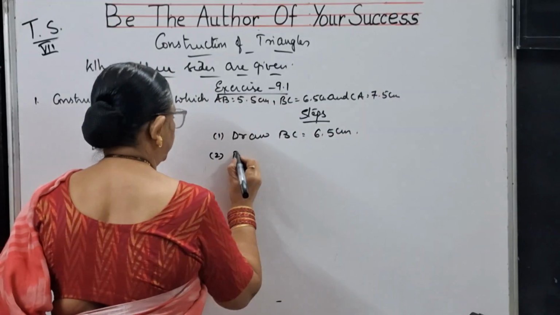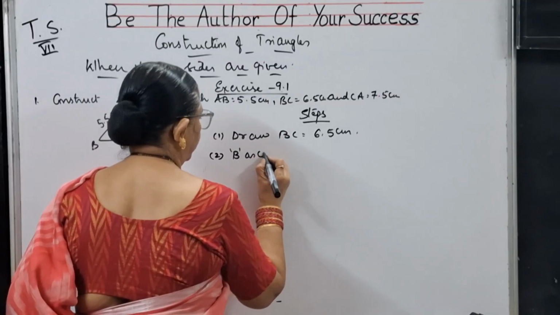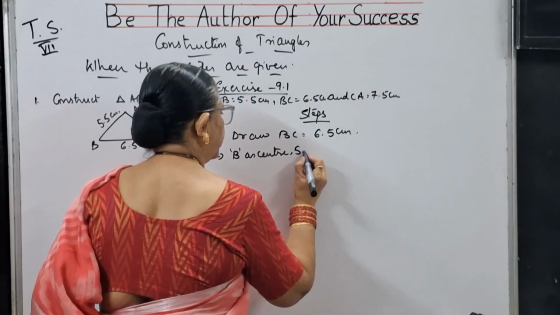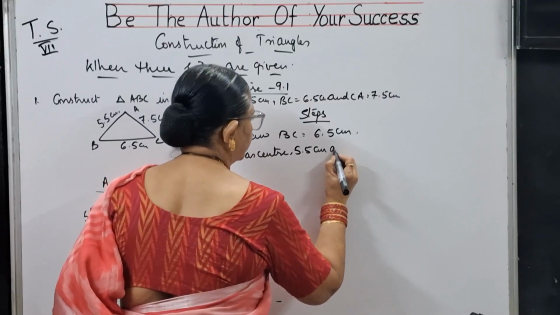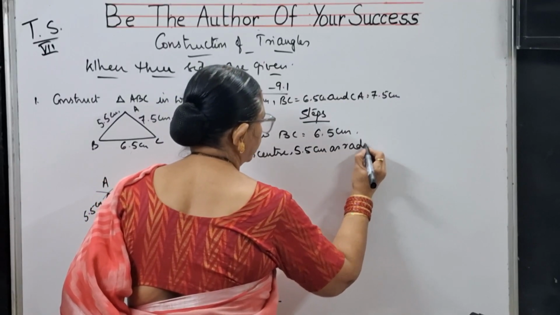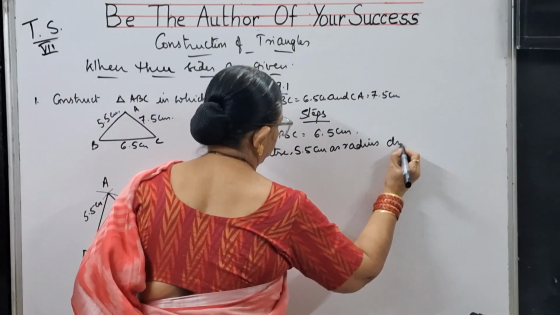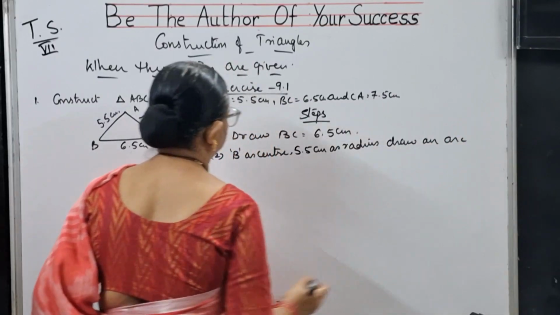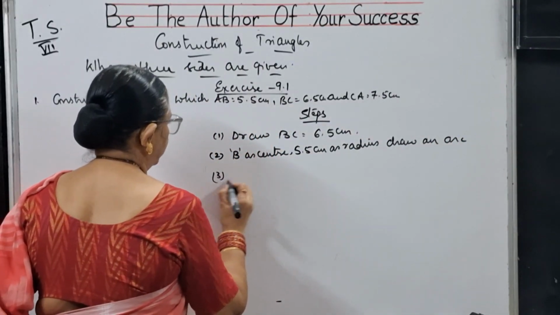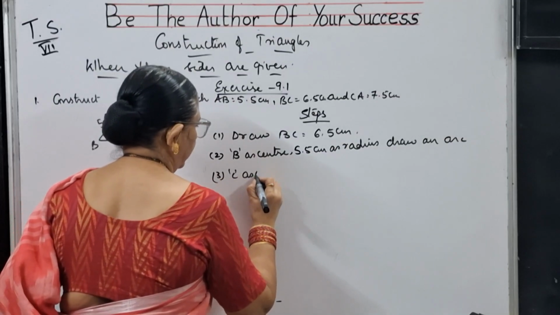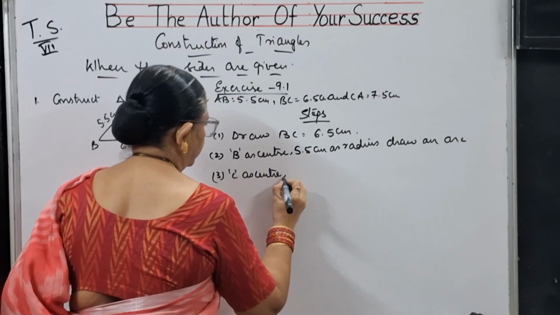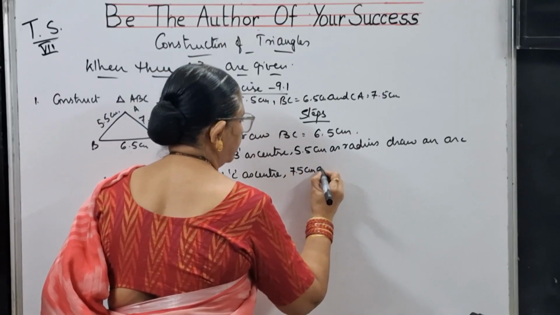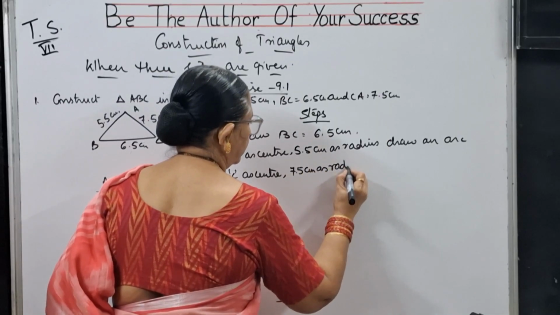And second point, B as center, 5.5 centimeters as radius. Draw an arc. This is the second point. Third one, C as center, 7.5 centimeters as radius.